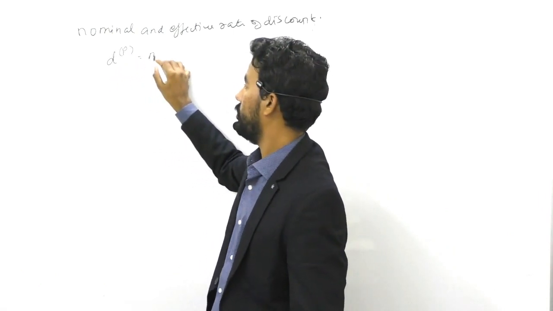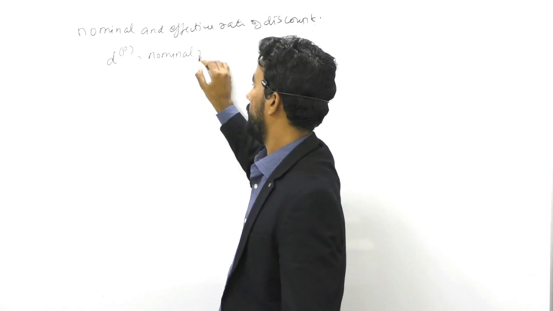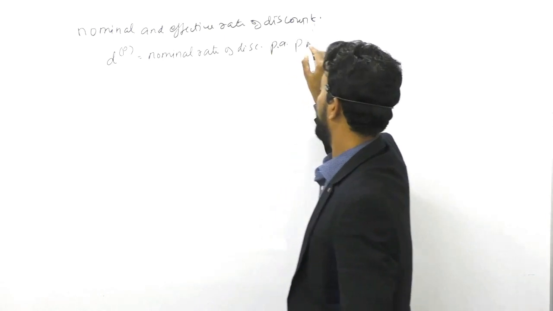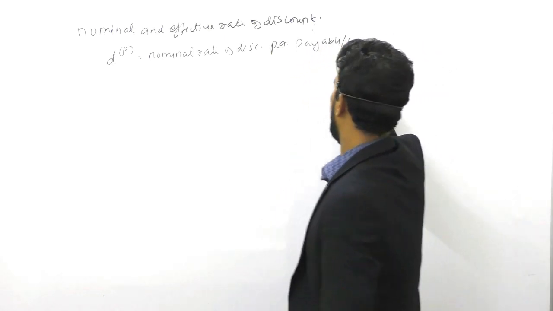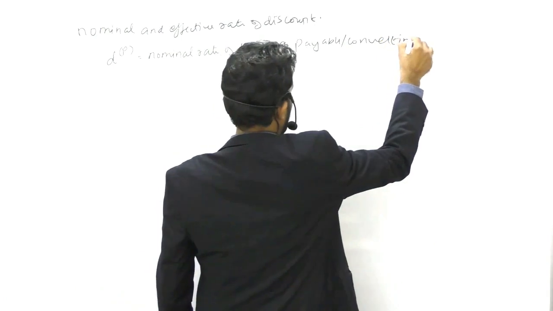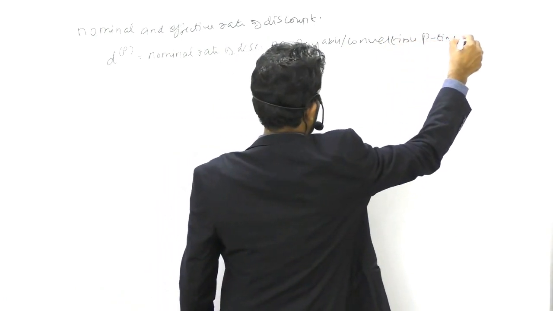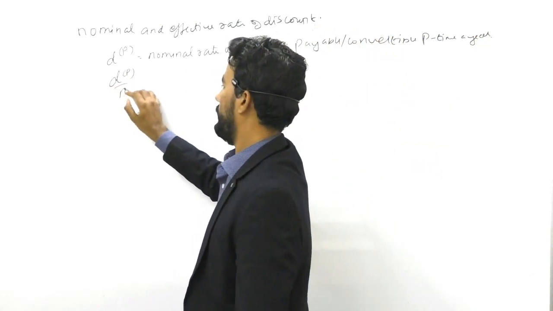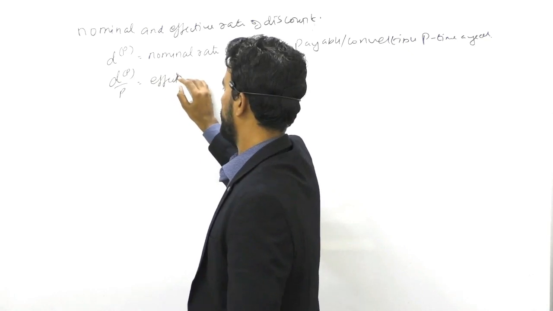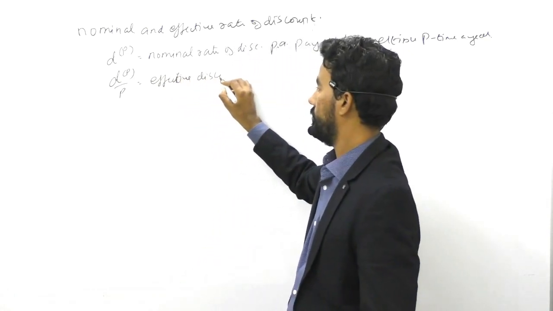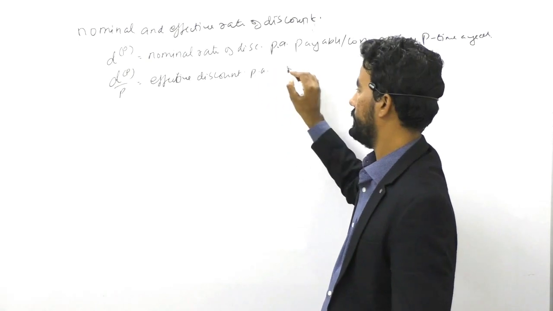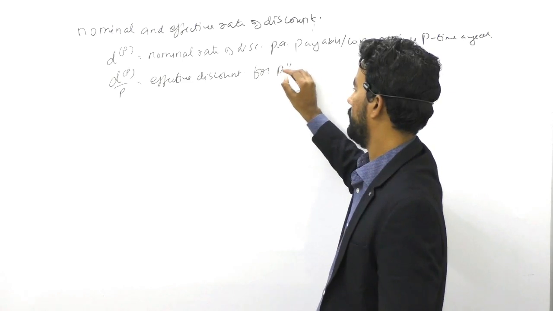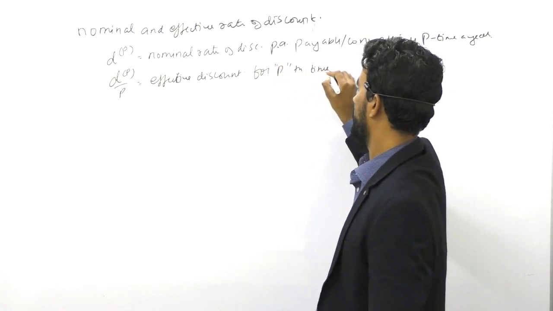d^(p) is the nominal rate of discount per annum payable or convertible p times a year. d^(p)/p is the effective discount for the pth part of a year.